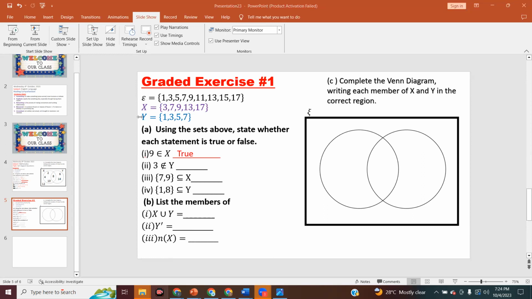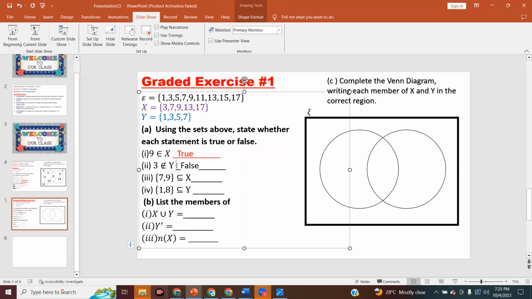Adrian, what would you have for number 8 double I? Number 8 double I. False. 3 is not an element of Y. That is false. Why is it false?